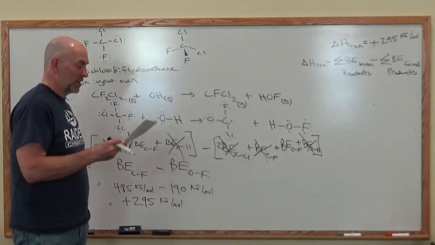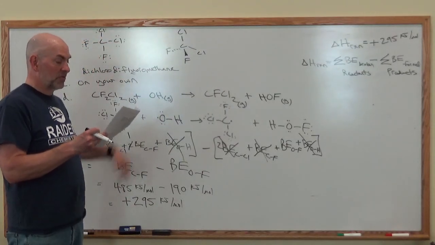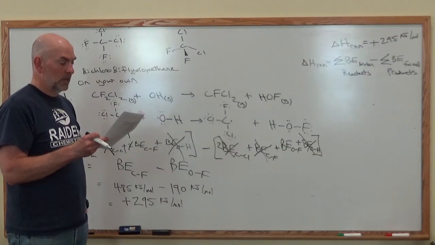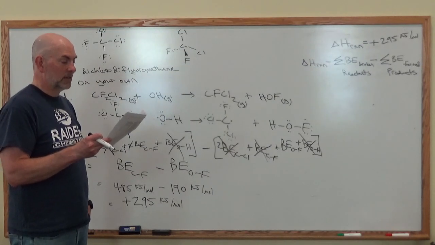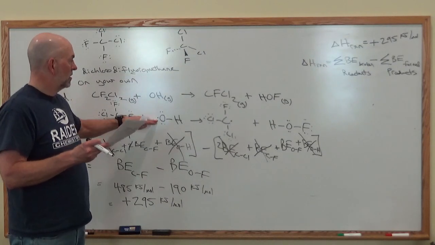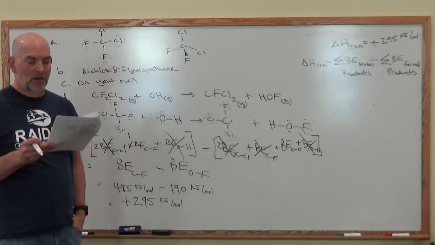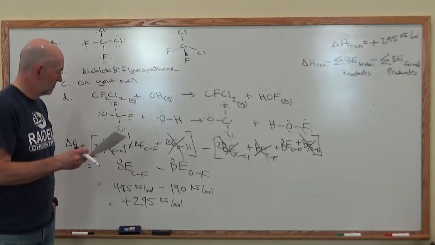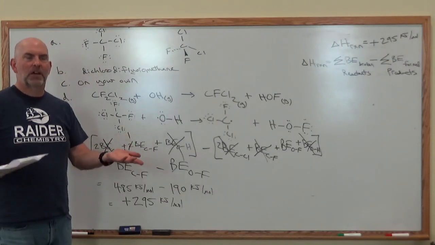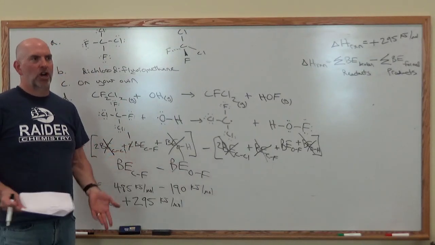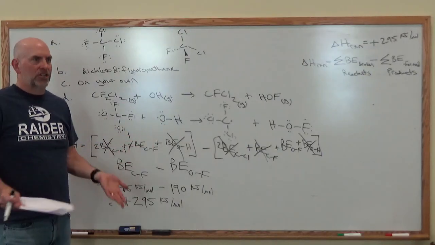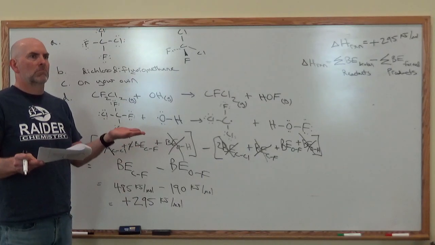So the question then becomes, cool, based on all this work we just did, how likely is it that hydroxyl radicals will actually do that with Freon-12? So Freon, let's say it escapes from some factory. It goes up, it's a gas under normal conditions. It goes into the troposphere.